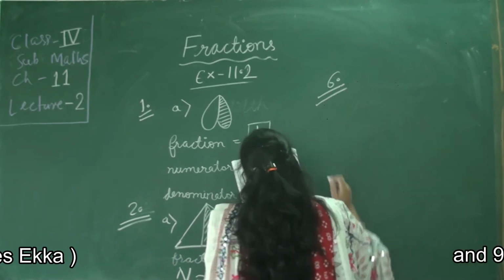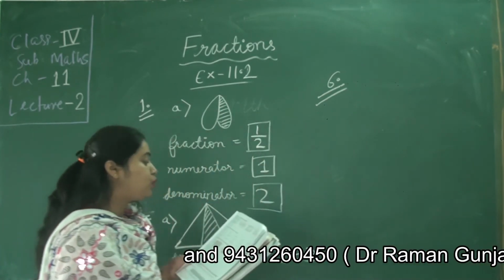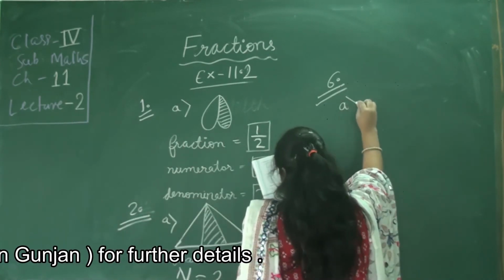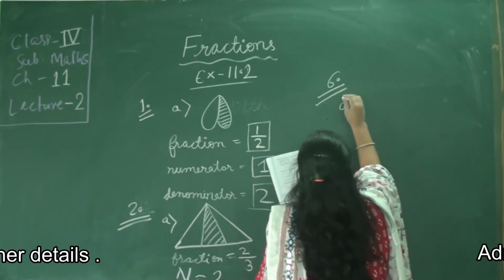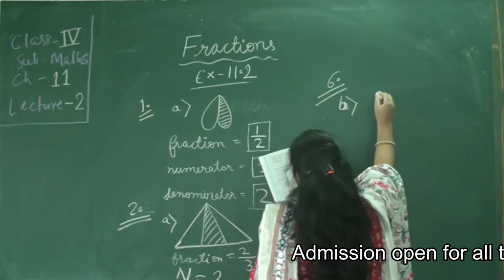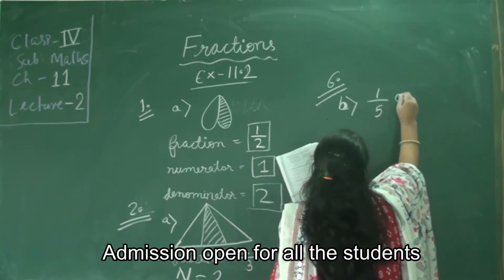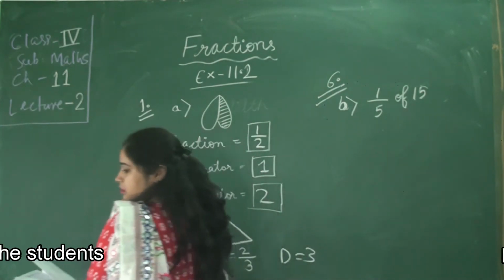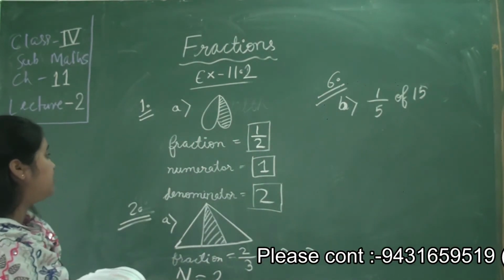In question number 6, you have to calculate the following in your notebook. 6A is the question; I am solving 6B. The 6B question is 1 by 5 of 15. Yesterday we discussed finding fractions of a quantity.